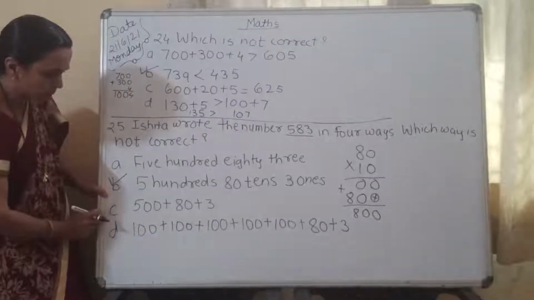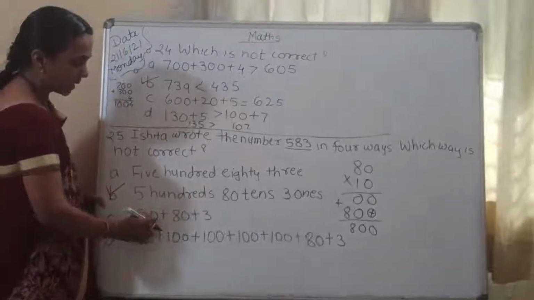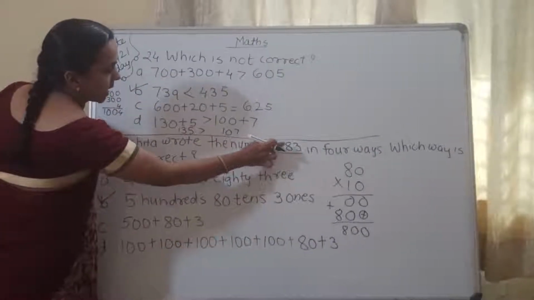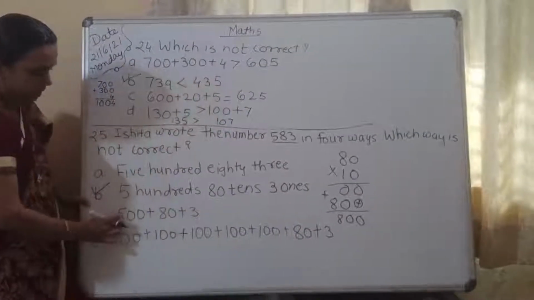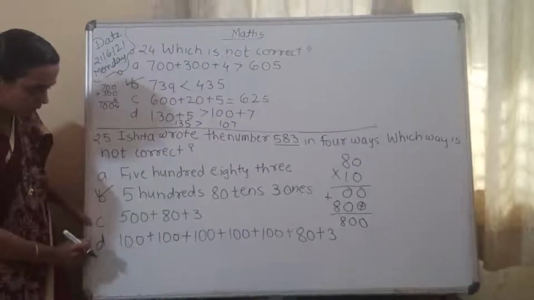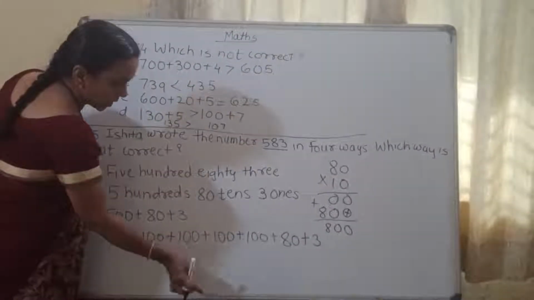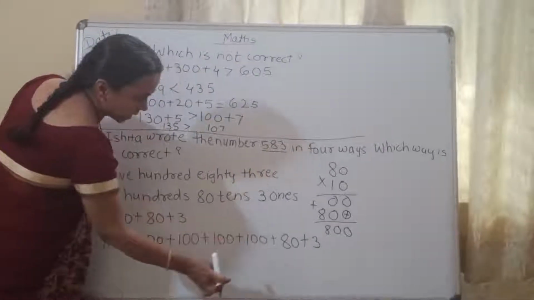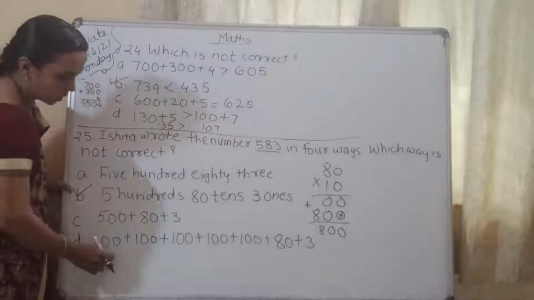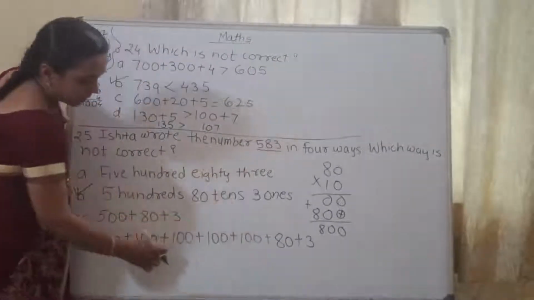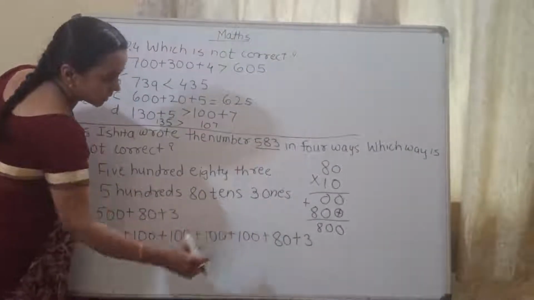Now see C option. 500 plus 80 plus 3. In the expanded form, we write this 583 number in this way only. That means this C option is the correct option. Now see the next option. 100 plus 100 plus 100 plus 100 plus 100 plus 80 plus 3. How many hundreds are there? 1, 2, 3, 4, 5. 5 hundreds means 500 plus 80 plus 3.